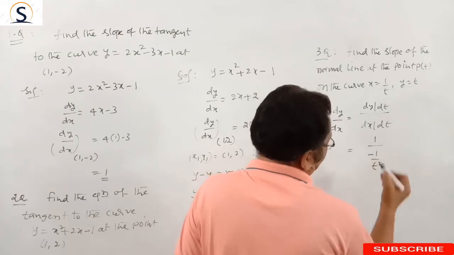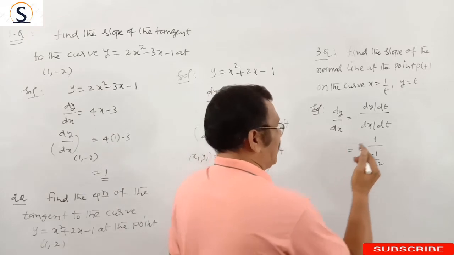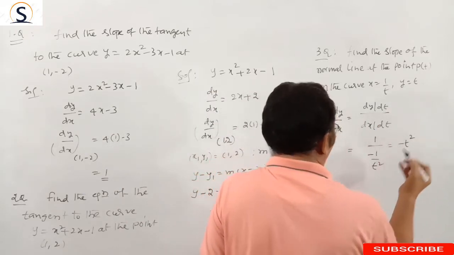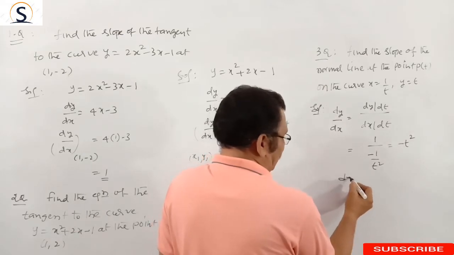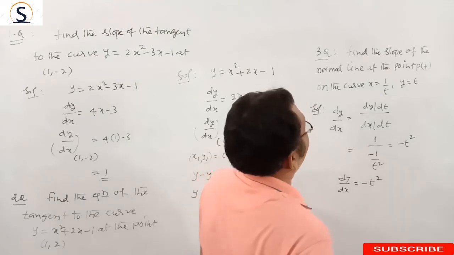That means the derivative of 1 by x is minus 1 by x square with respect to x. In the same manner, this comes in the numerator, equal to minus t square. Therefore, dy by dx is equal to minus t square.